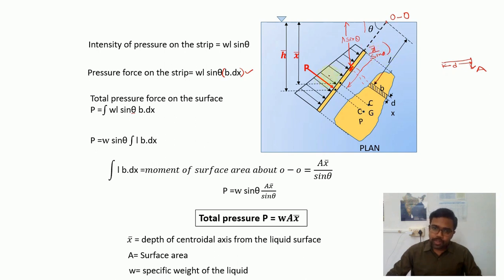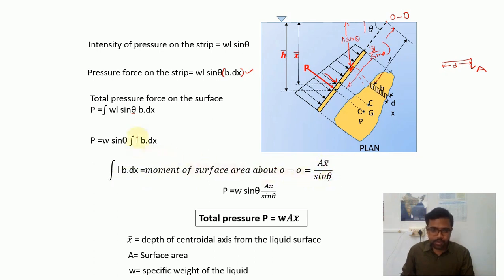The moment of area acts in this direction; we have to take a parallel line. The area acts at the centroid. If you remove the whole area and replace it with a point, like an area vector, then this area multiplied by the distance x bar by sine theta gives the moment of area about OO. So we can write it in two ways: the integration of LB dx is equal to A x bar by sine theta.